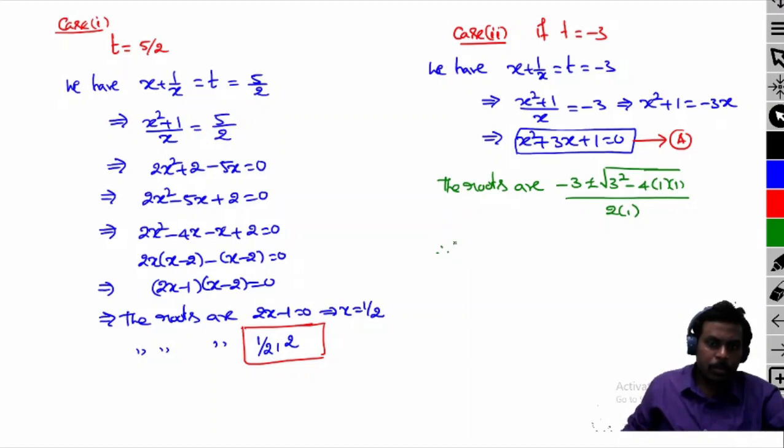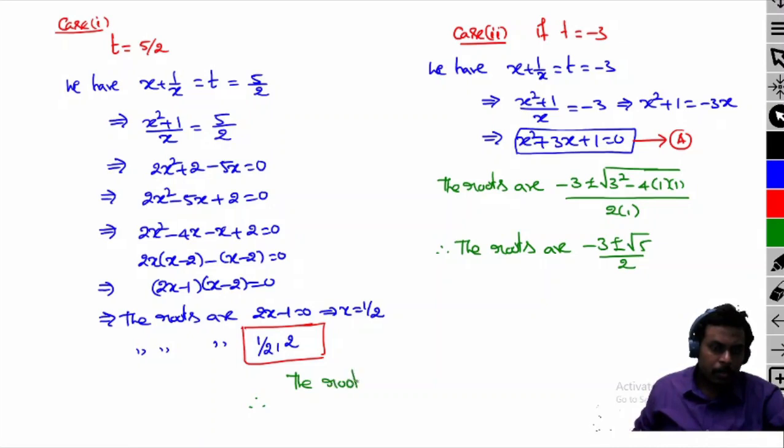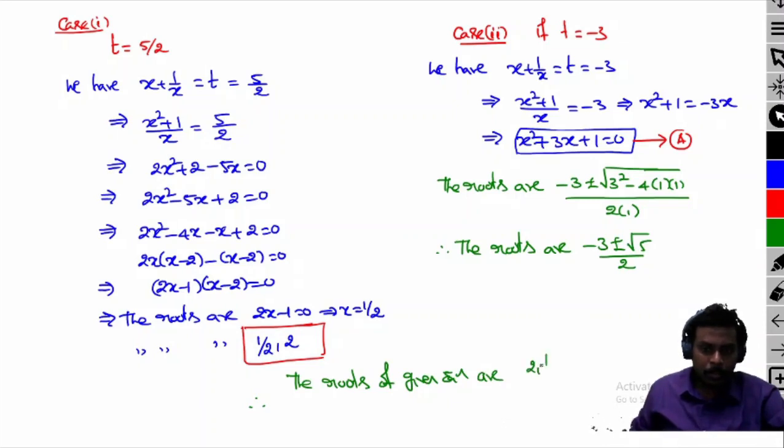So therefore the roots are minus 3 plus or minus root 5, divided by 2. So the roots of the given equation are 2, 1 by 2, and minus 3 plus or minus root 5 divided by 2.